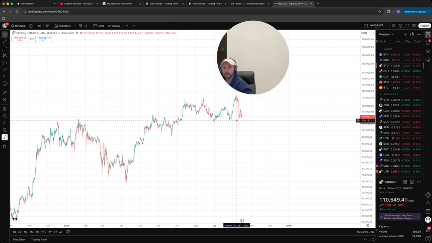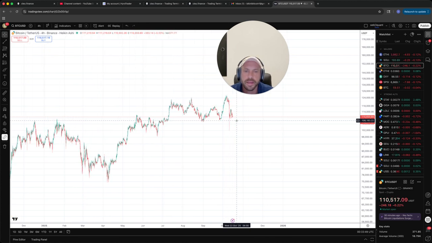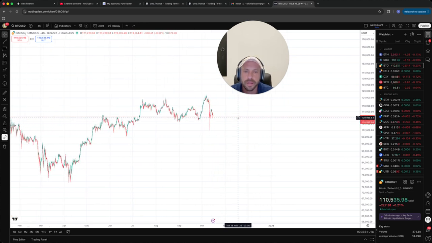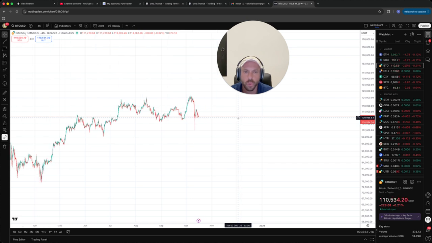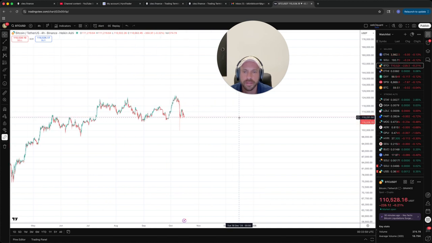Now, if I'm looking at this chart and deciding if I should go long or short, if I'm looking at a multi-week trade, I'm going to go long here because I still have a bullish bias. It's Q4, so that's part of the reasoning for the trade.